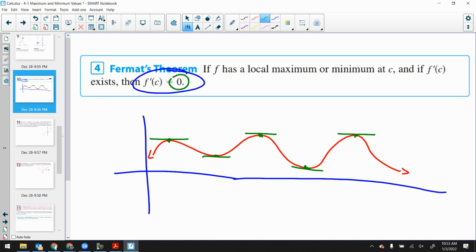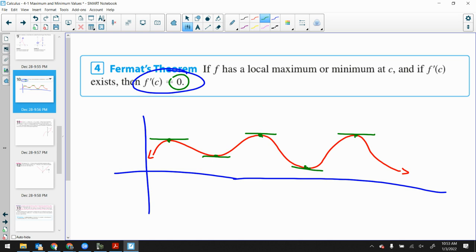0. So what this theorem is saying is that if there is a local maximum or minimum value that occurs, now the hard part about this is figuring out which one. Is it a local maximum or is it a local minimum? If a local maximum or minimum occurs and the derivative exists at that point, then the local maximum or minimum must occur when the derivative equals 0.